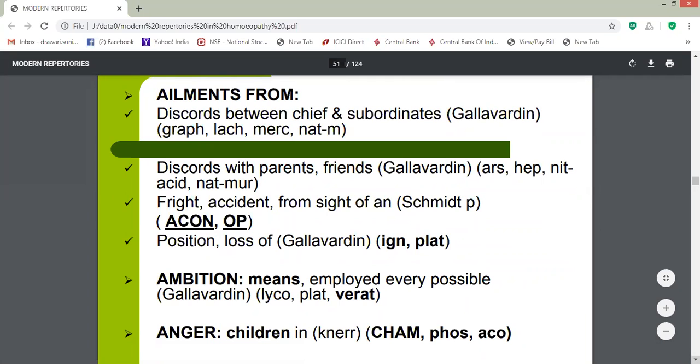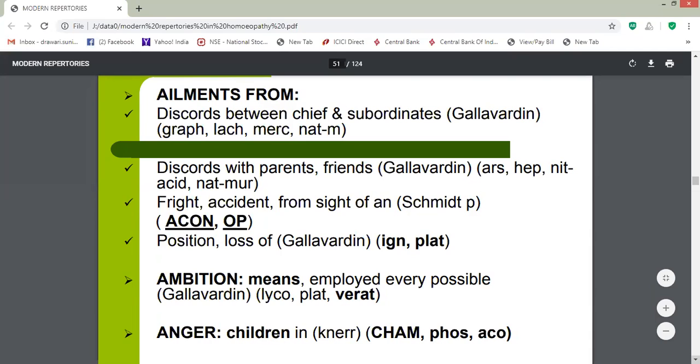Then discords between chief and subordinates, which is also taken from Gallaverdin's work. The medicines given for this symptom were graphites, lachesis, mercurius, and natrum mur. Then discords with parents, friends, taken from Gallaverdin's work, and for that arsenic, hepar sulph, nitric acid, and natrum mur were indicated.